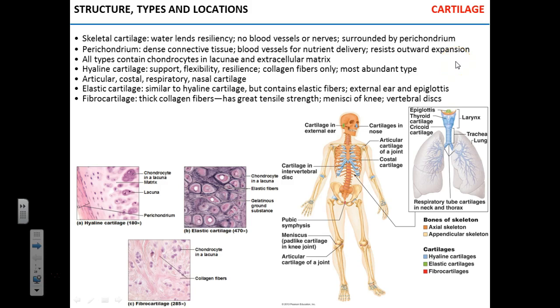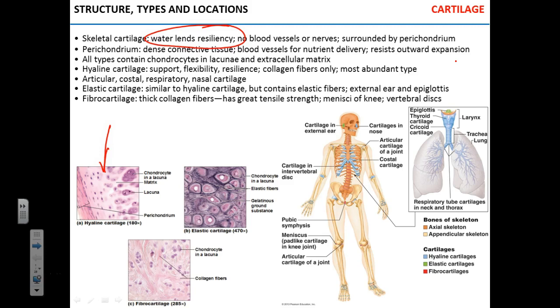It's a resilient, structurally resilient tissue, whose matrix is not vascularized. The matrix of the cartilage, you can see the cartilage here, that pink substance is the matrix.